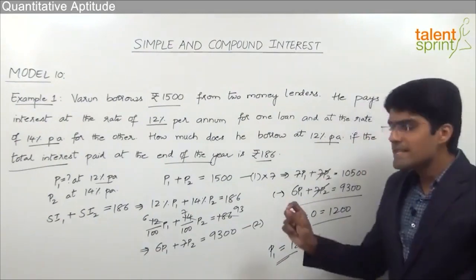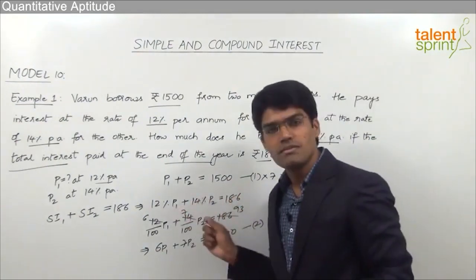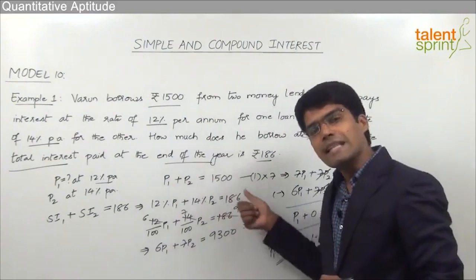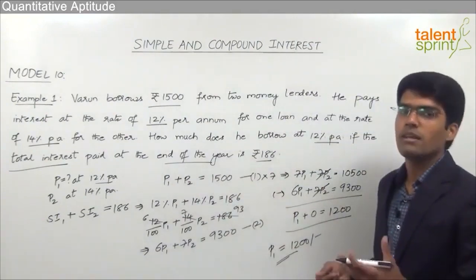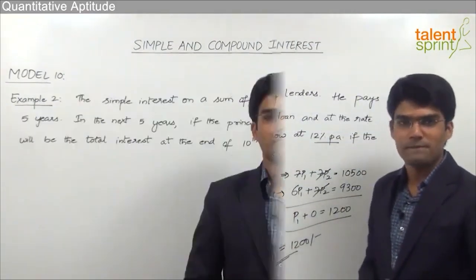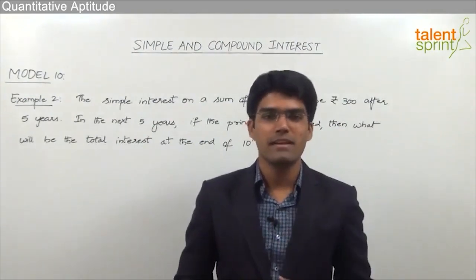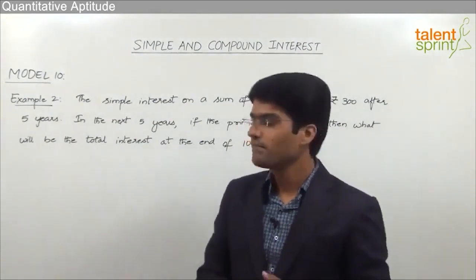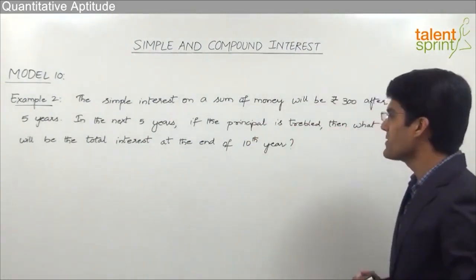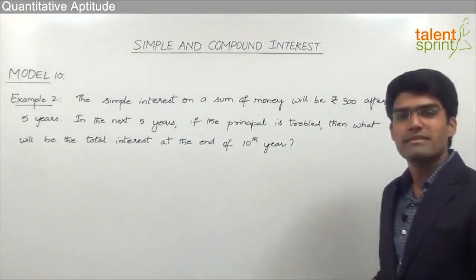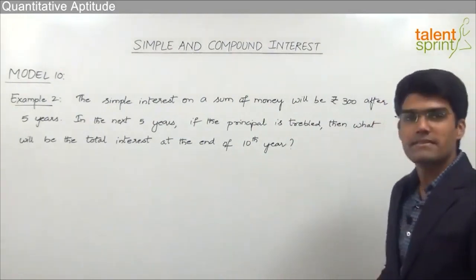So this is how you can simply frame the proper equations in terms of P1 and P2 and solve those two equations to find out P1 or P2 respectively. Let us now take another typical example based on simple interest. The question is, the simple interest on a sum of money will be rupees 300 after 5 years.